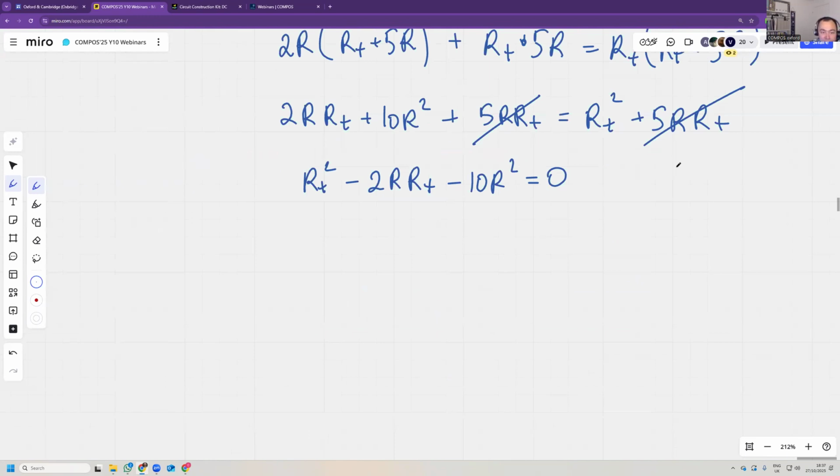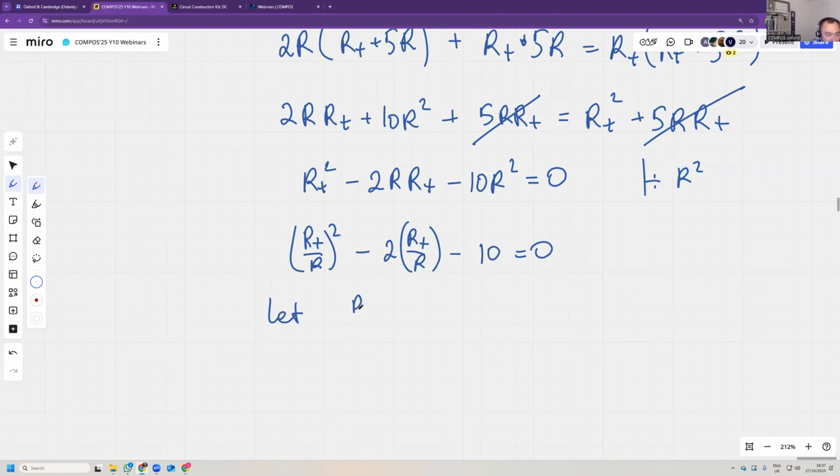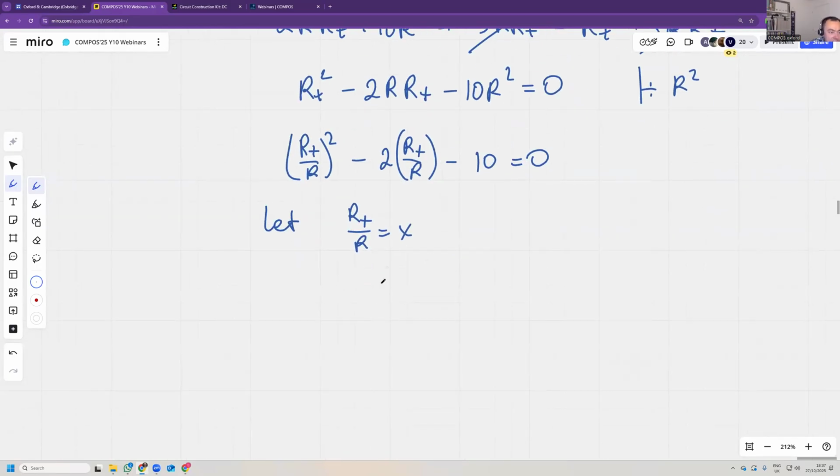If you divide both sides by R squared, you get RT over R squared minus 2 RT over R minus 10 equals 0. Let RT over R equal X. So X squared minus 2X minus 10 equals 0.